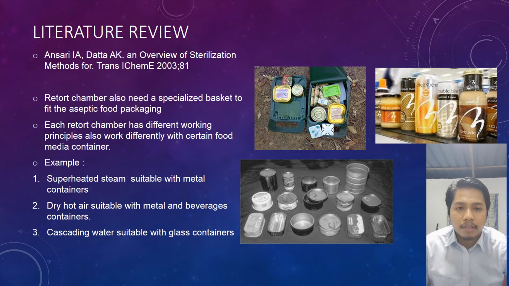Every food retort chamber works differently in terms of the efficiency and result with a different food media container. For example, if the food retort chamber uses a superheated steam, it is suitable with a metal container. A dry hot air retort chamber process works well with metal and beverage containers. Cascading water retort process is suitable with glass containers.